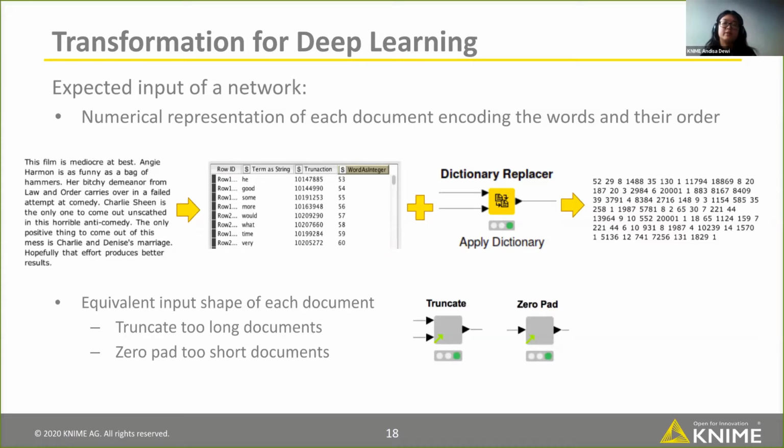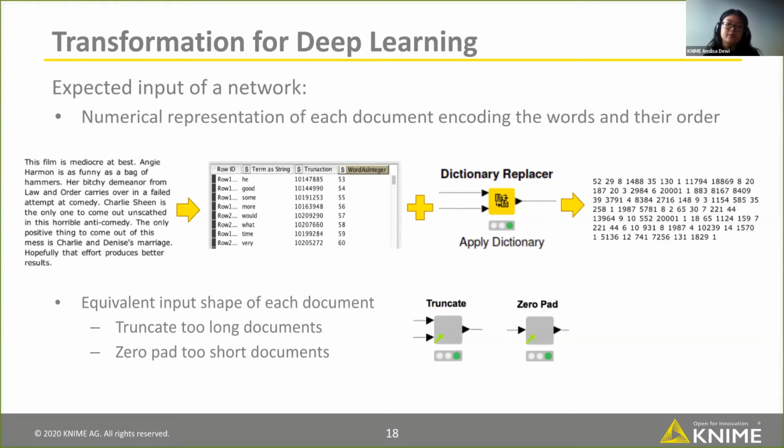The other requirement is that the network also expects each document to have an equivalent length. So to solve this, we need to specify a maximum number of words that are allowed in each document. And for documents that are shorter than that, we will fill the gaps by padding them with zeros.